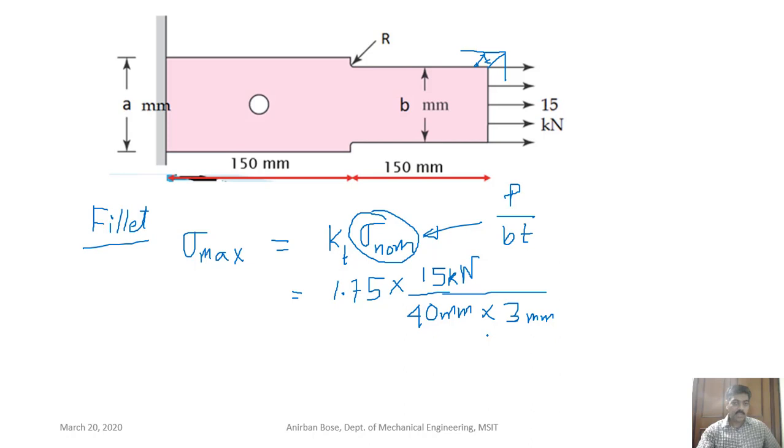So 1.75 into 15 divided by 40 divided by 3 comes to 0.218 kilonewton per millimeter square.